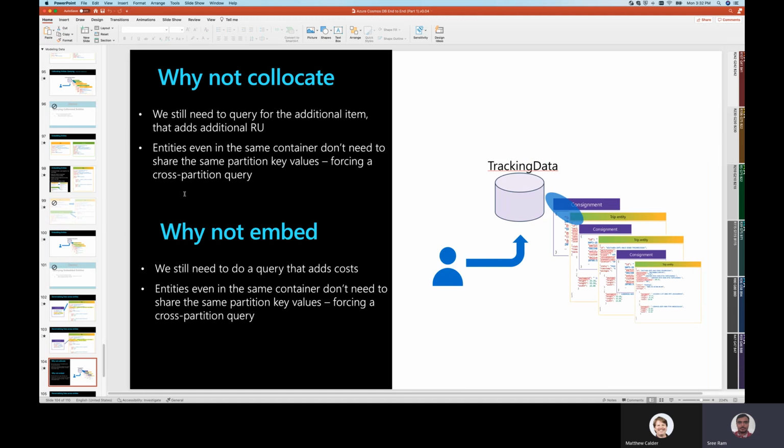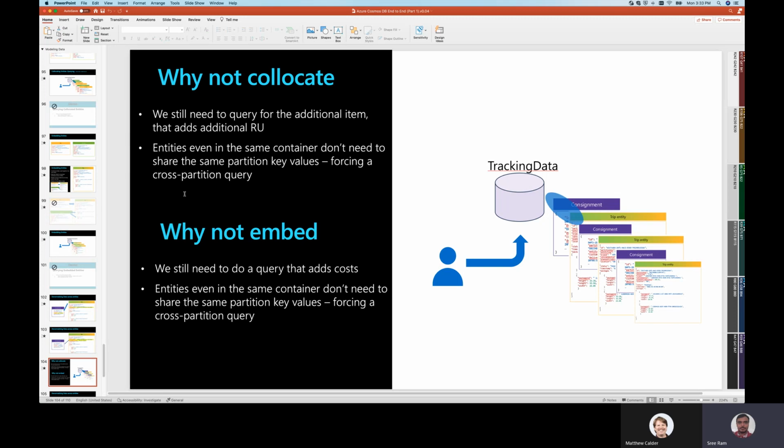So moving on, let's wrap today's session up with some of the key items around when we need to co-locate, when we cannot co-locate, and when we cannot embed. When we co-locate, we need all the items corresponding to a VIN, for example.